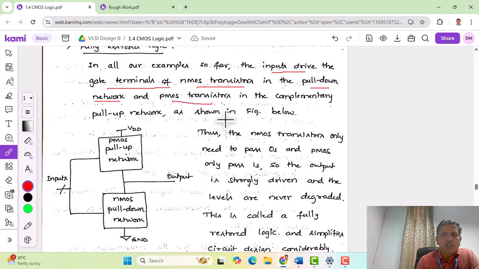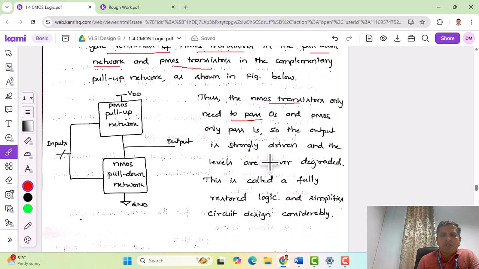To summarize, the NMOS transistors only need to pass zeros from ground to the output. PMOS only passes ones, from the supply. Whenever they turn on, they pass high voltage or logic 1 from supply to the output. So the output is strongly driven and the levels are never degraded. Based on the input, the PMOS network passes logic 1 and the NMOS network passes logic 0 to the output.